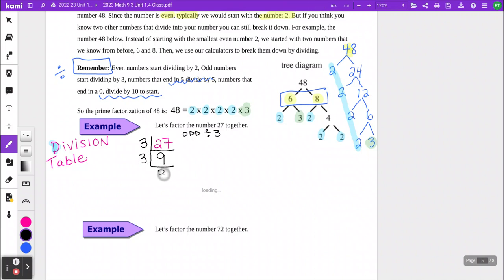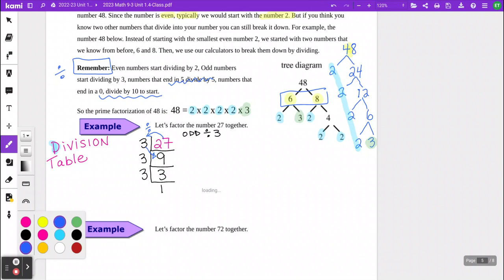And it gives me a 3. 3 will divide by 3 again and give me a 1. So what's actually happening is this. 27 is dividing by that number and giving me that number. Okay, so it's kind of a jigsaw. So you've got your first number.